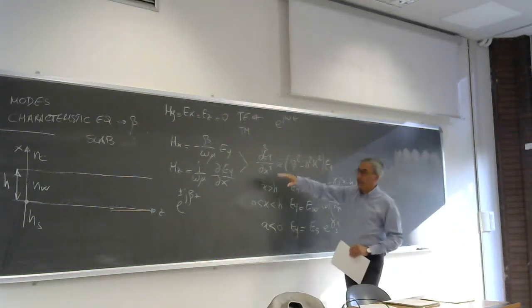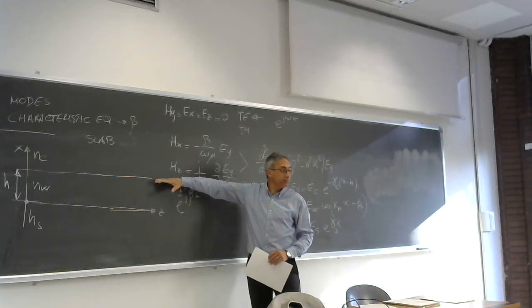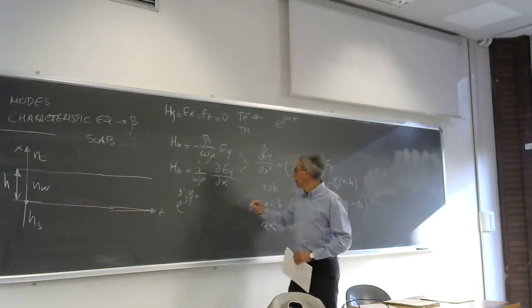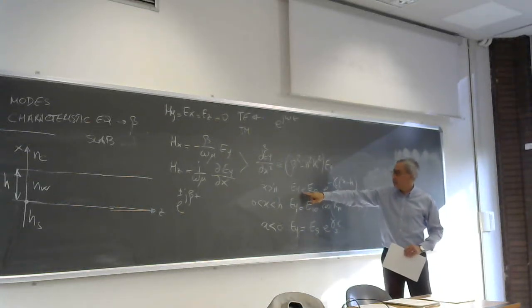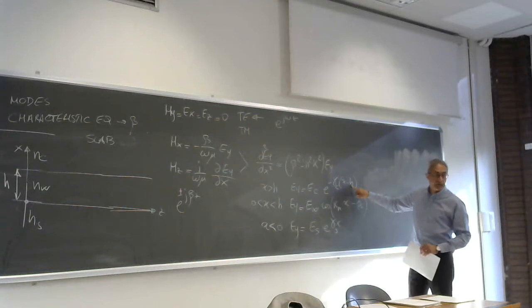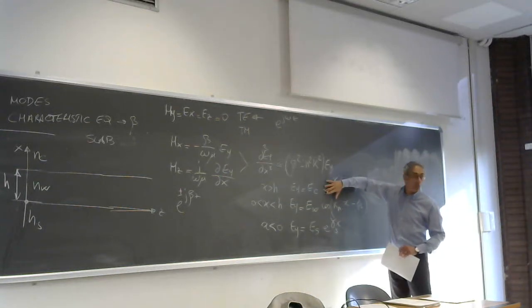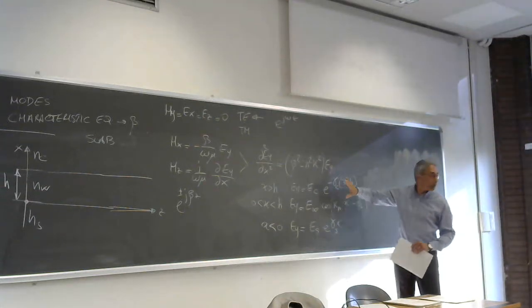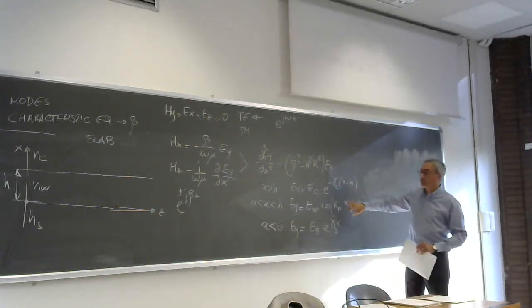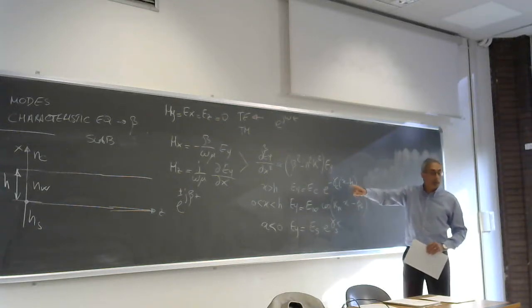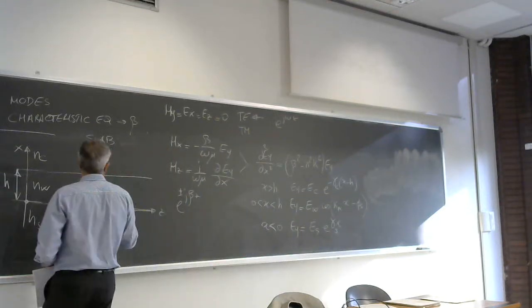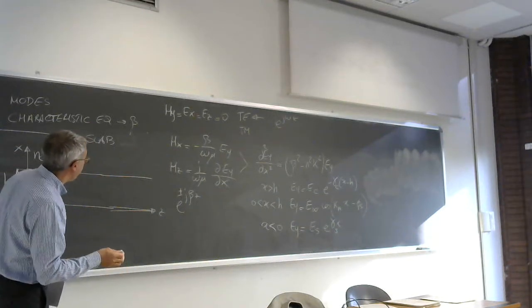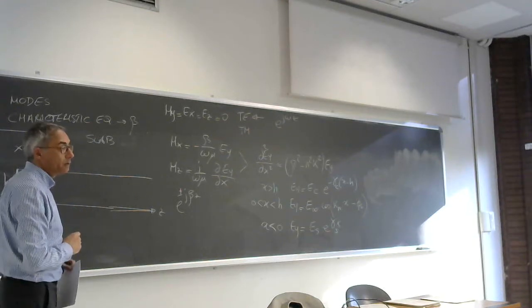For example, for the upper interface, you have to put EY with x equal to h, so this becomes 1 into this equation, and the same for this one with x equal to h, and impose the continuity of, for example, the tangential EY field.